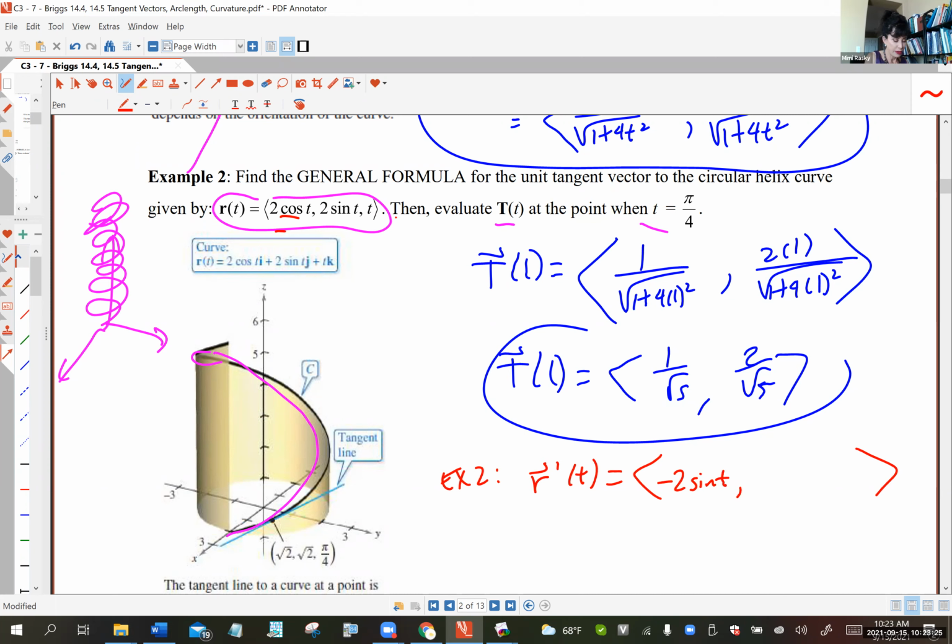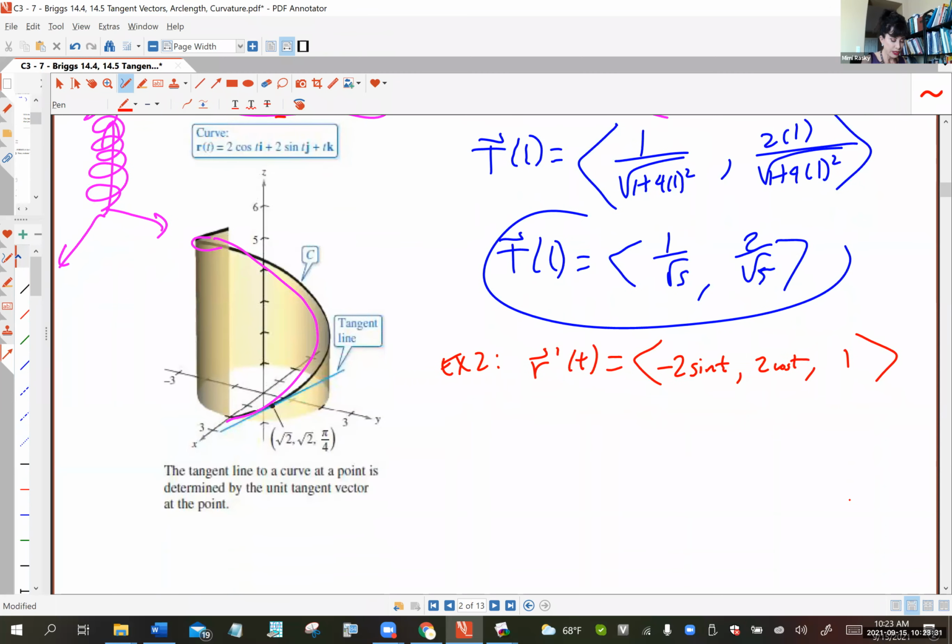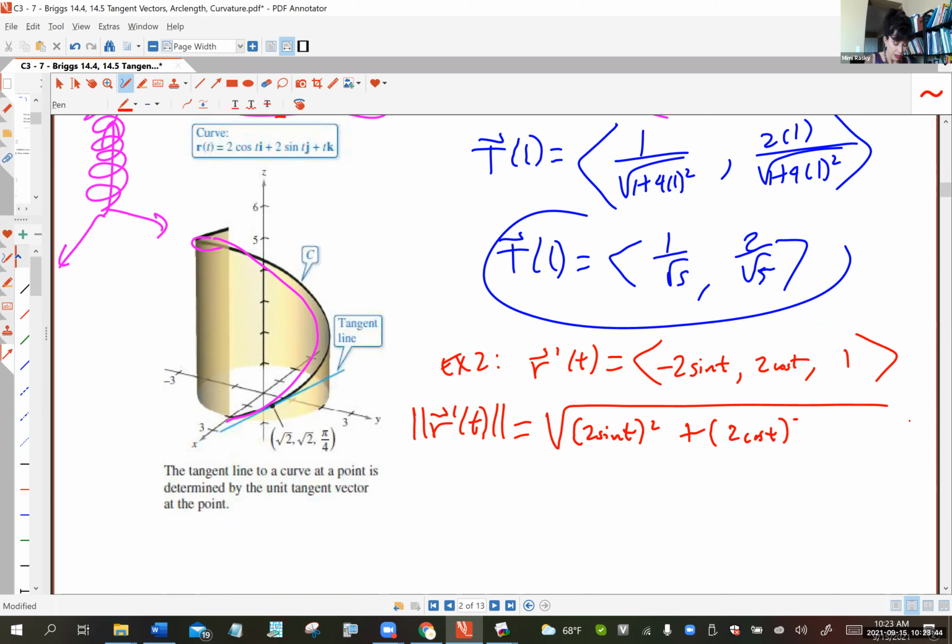The derivative of 2 sine is 2 cos, and the derivative of t is 1. Fine. Then go unitize it. And in order to unitize it, I'm going to first go get that magnitude. So I'm going to take the square root of the sum of the squares of the components.